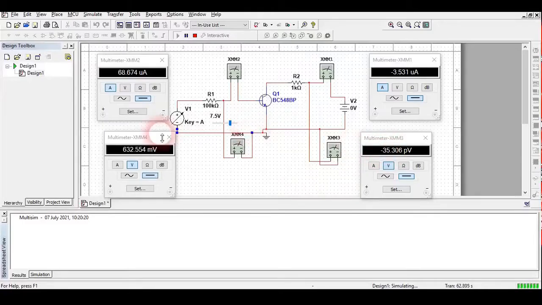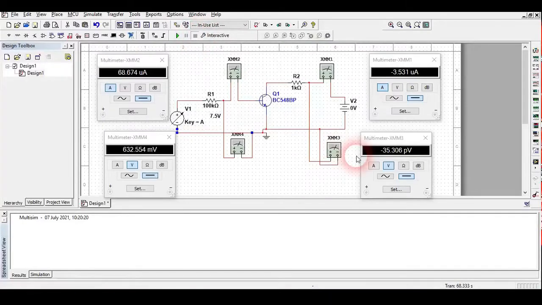And we have got these values: 68.674 microampere of current as IB, and this VB is 632.554 millivolt.